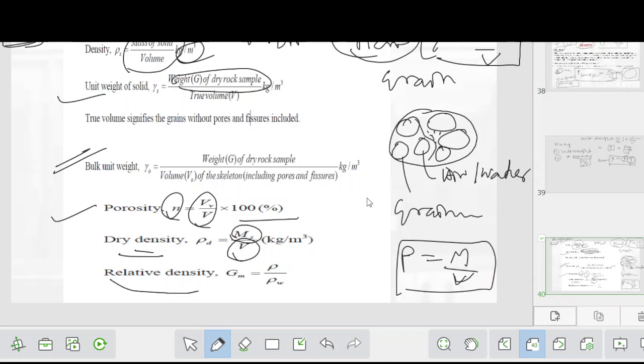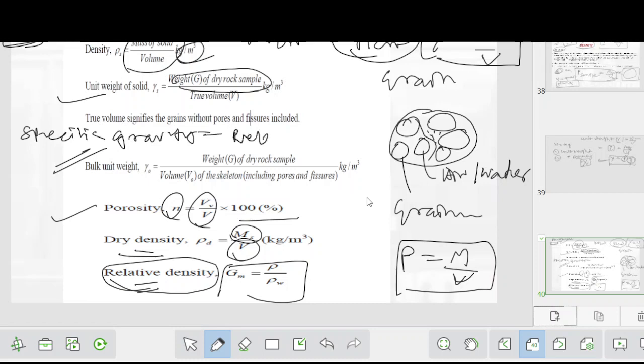When you talk about relative density, it is in comparison to the density of water. Relative density we can say is the specific gravity. Specific gravity is equal to relative density. What is the specific gravity? It is the density of soil or any sample with respect to the density of water, right?